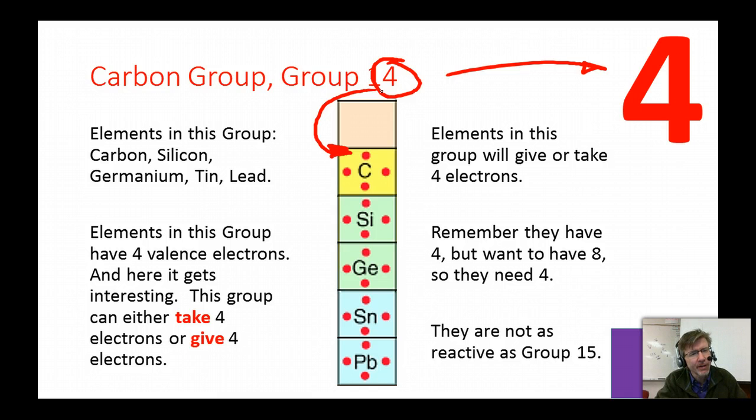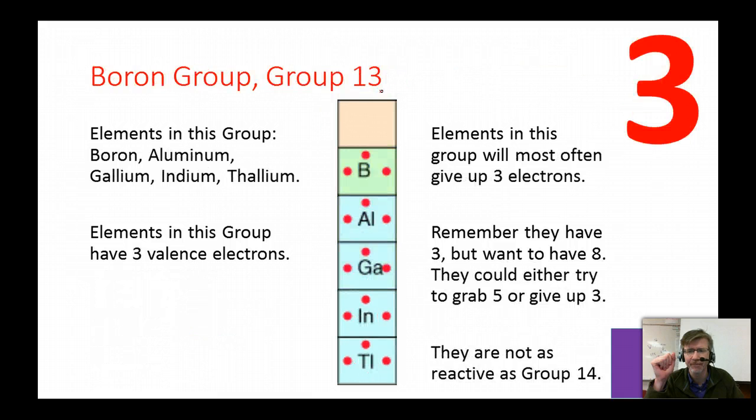Because you have 4, you could either give 4 electrons or take 4 electrons. Group 14 will do either. So remember, you have 4 and you want to have 8. You'll either give up 4, going back to the previous noble gas, or you take 4 to get to 8. These guys are not as reactive as group 15.